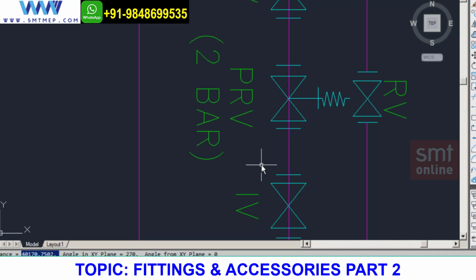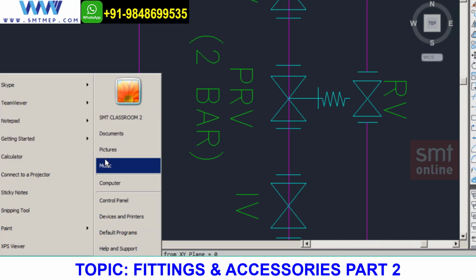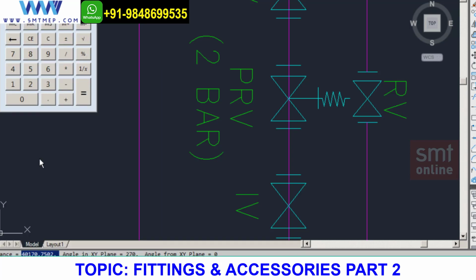So first of all, divide this by 1,000 and convert this to meters. 40170.75 divided by 1,000, this is in terms of meters. And 1 meter equals 3.28 feet.